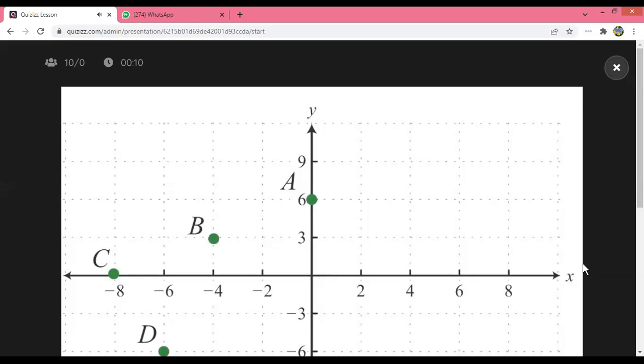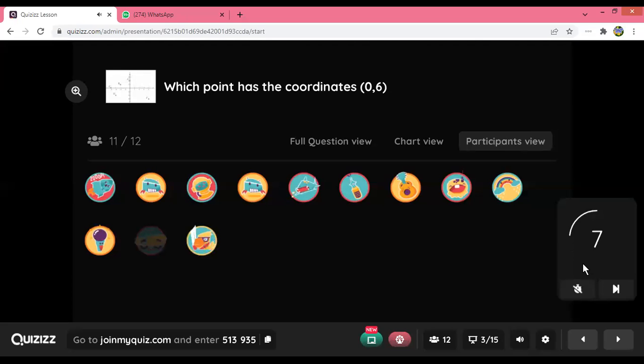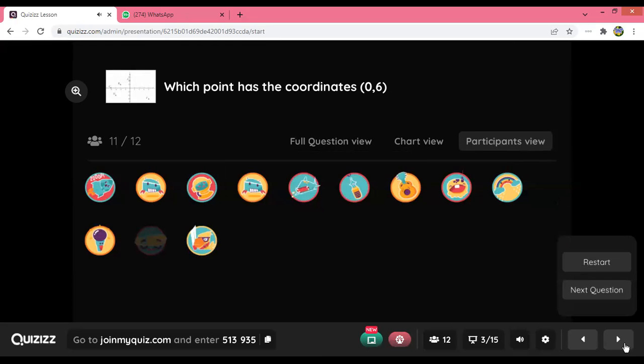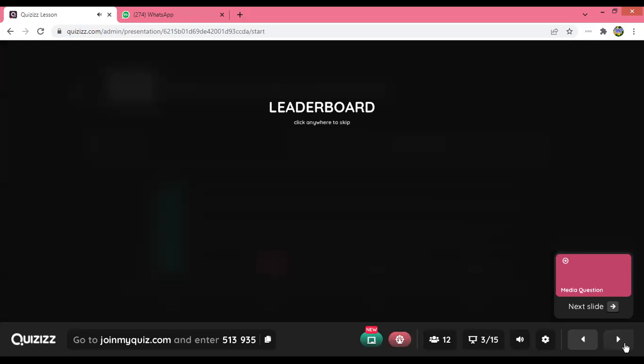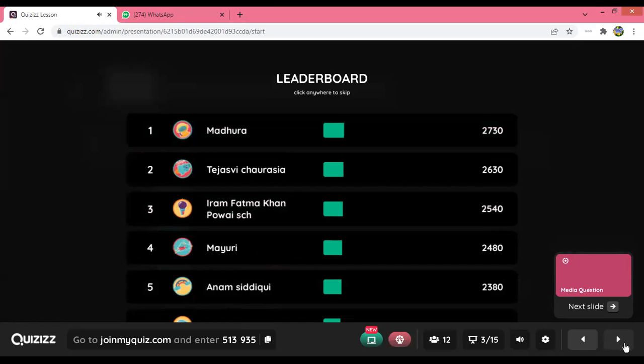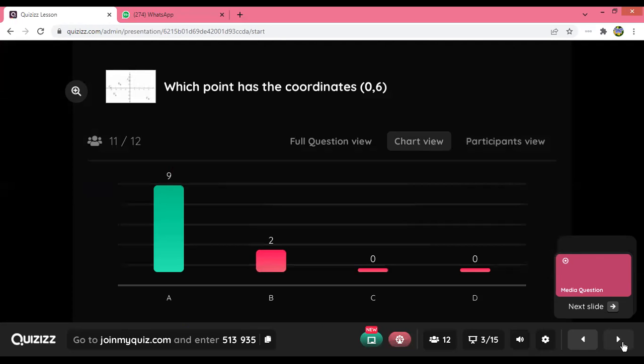Come on everyone, 9 seconds. Which point has the coordinates 0, 6? Time up. Right, very good. I see Madhura, Tejasvi, Iram trying out.